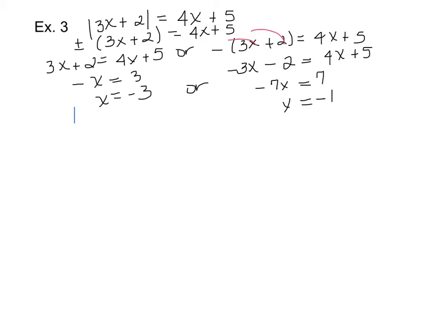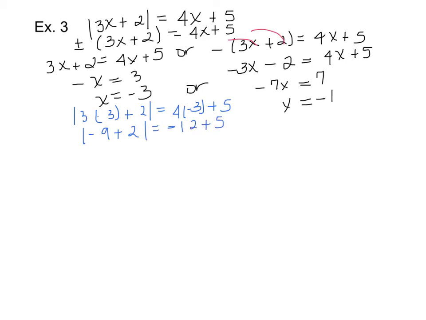check -3. And you have to plug in -3 on both sides, because they both have an x. And over here we get -9 plus 2, all of that in absolute value. And -12 plus 5.